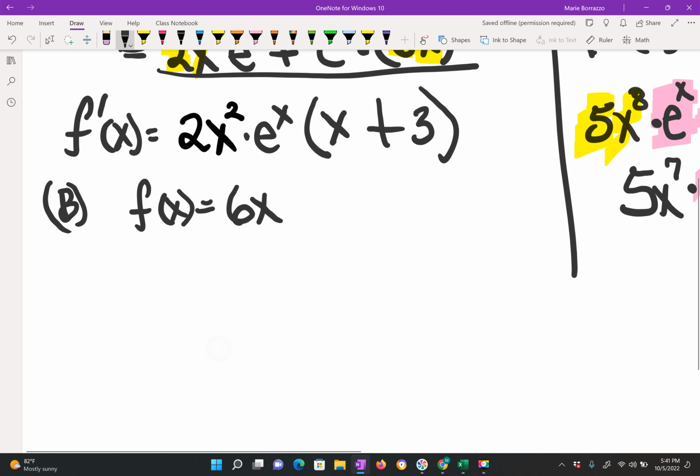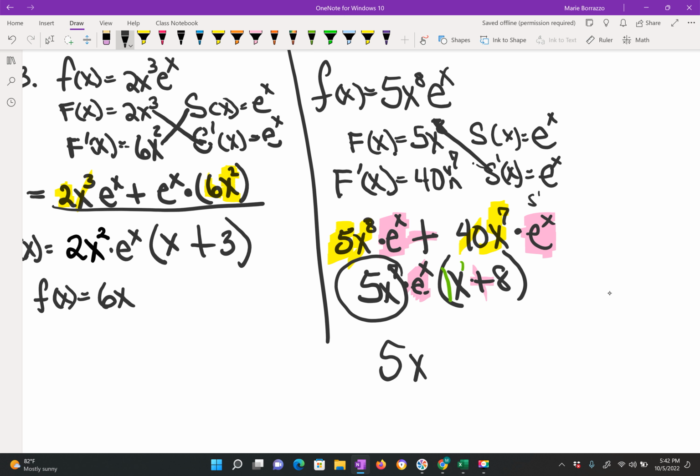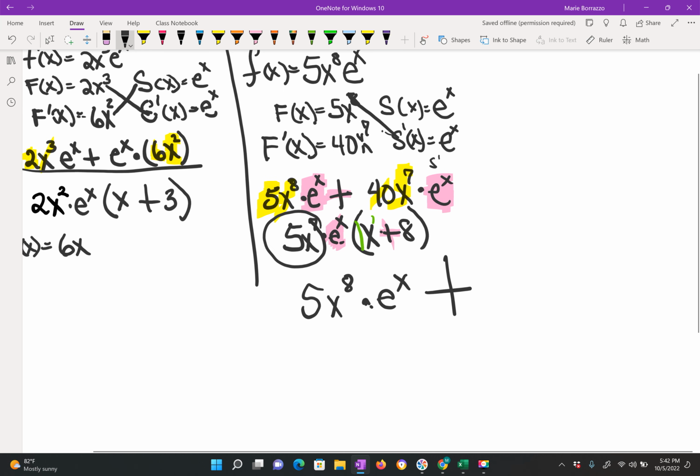So if you can go back to, how do you get the 8 in the x plus 8? 5 times 8 is 40. Basically I'm taking this out and I'm dividing. Imagine if I have 5x to the 8th e to the x, plus, I'm going to make it really obvious, plus 40x to the 7th e to the x.